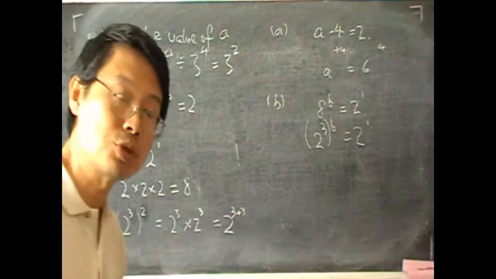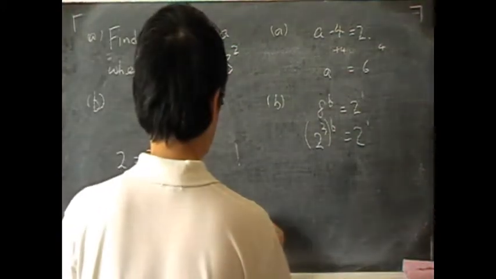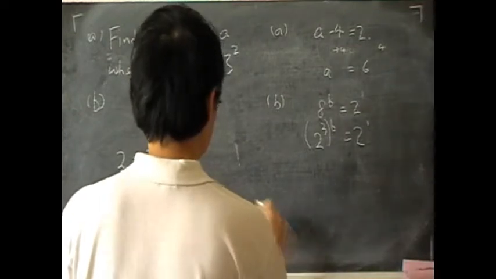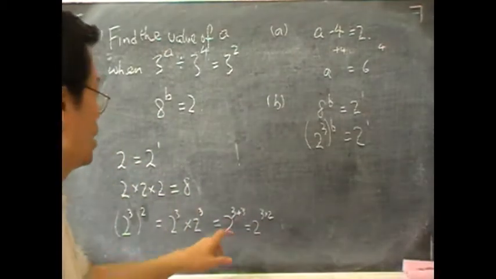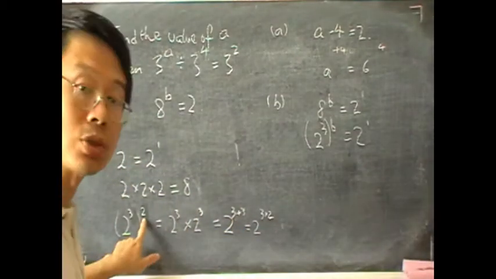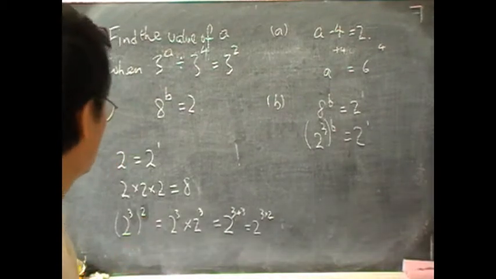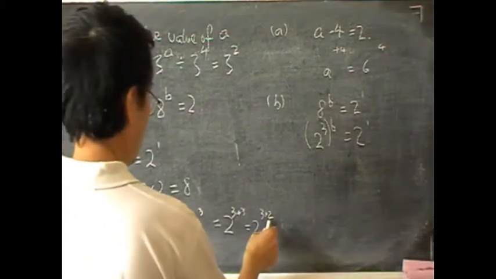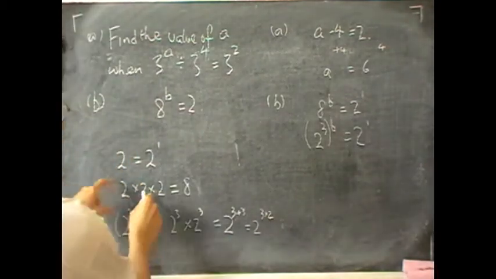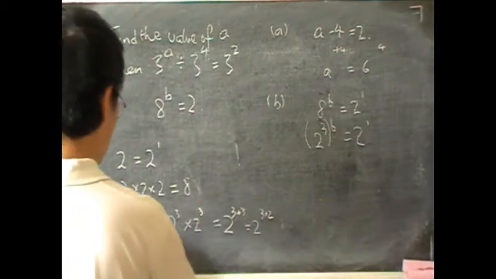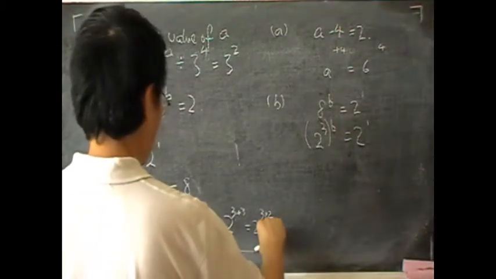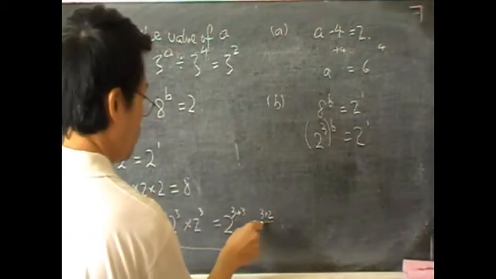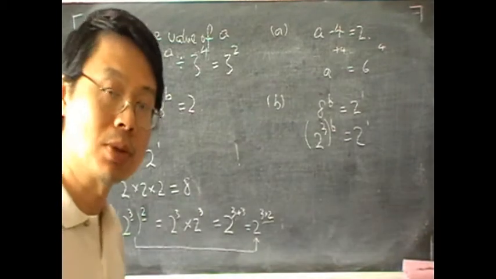Okay, and 2 to the power of 3 plus 3 is really the same as 2 to the power of 3 times 2, because there are 2 of the 3's there, and the 2 of the 3's comes from the square down here. So this means that we have a simple way to find the answer for this expression. I can go straight from there to the answer by taking 3 times 2 to get the final power.